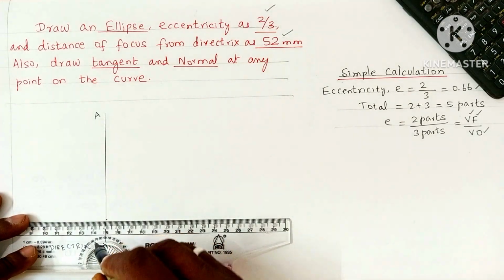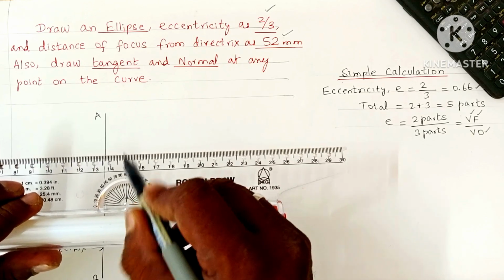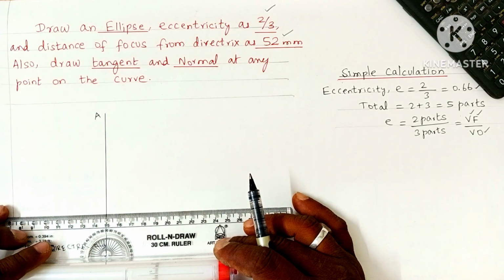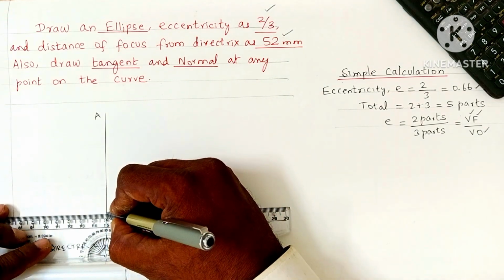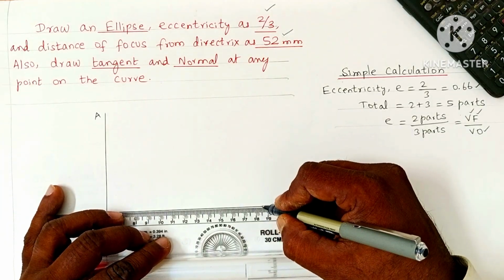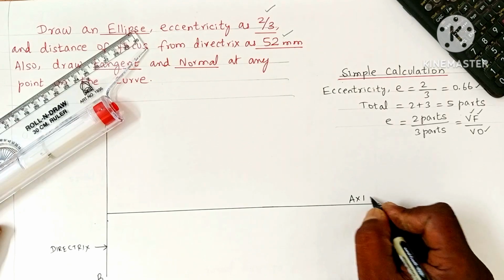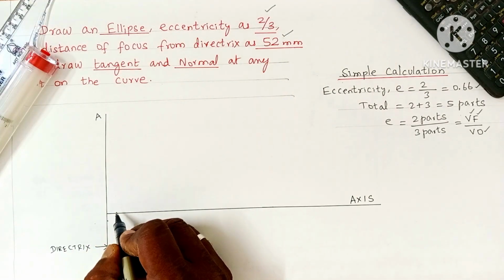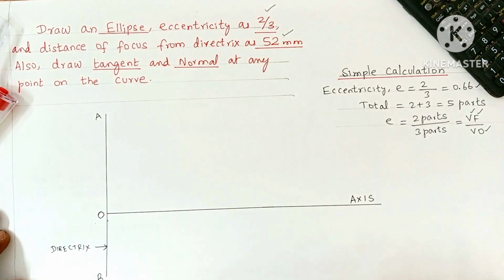Ensure that the 90 degrees of the set square coincides with this directrix. So adjust your scale and draw one horizontal line called the axis of ellipse and extend the line further, so that this angle will be 90 degrees, that you have to ensure. This point of intersection shall be marked as O.